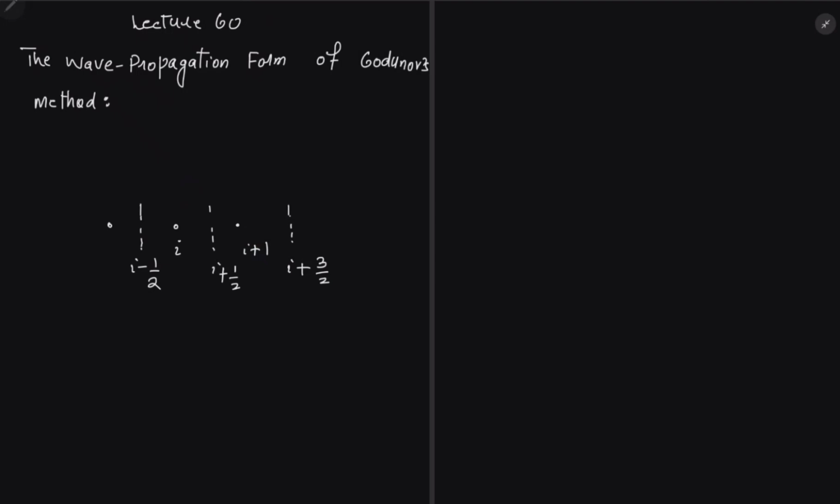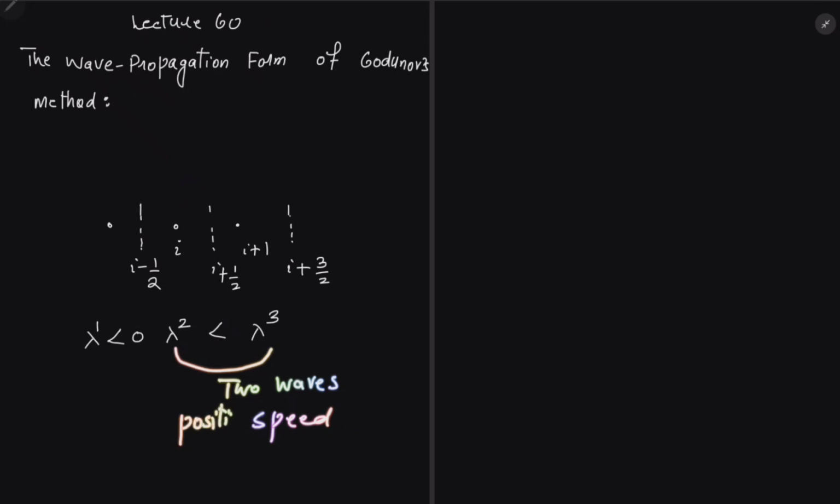Suppose that there are three waves, lambda 1, lambda 2, and lambda 3, where lambda 1 is less than 0 and lambda 2 is less than lambda 3. So you can see that we have two waves with positive speed.